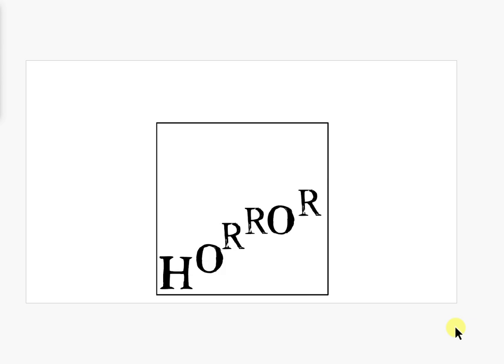Float is cute, perfect, love it. Horror looks good. That font's really nice and grungy and scary. I don't quite get why it's climbing up now that I see it, but it's not bad. It doesn't need to change. So here's the pencil. You gave it a gray stroke. I think that's fine.